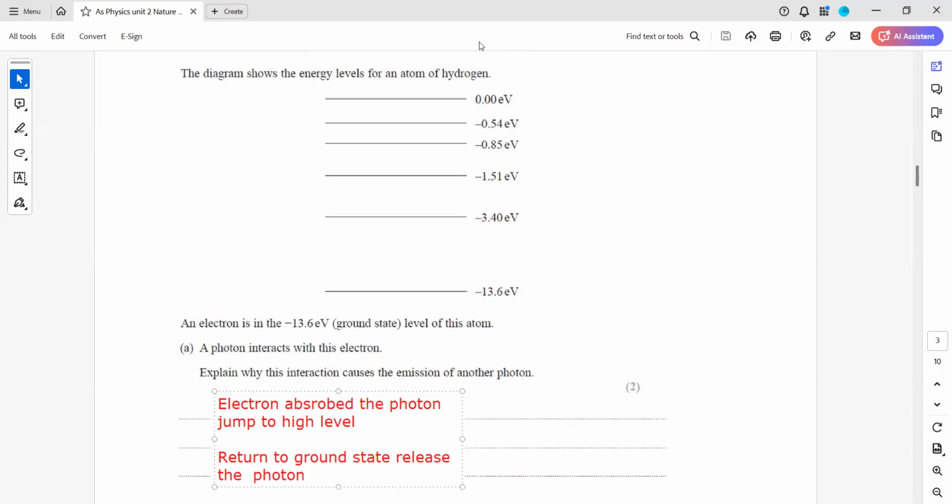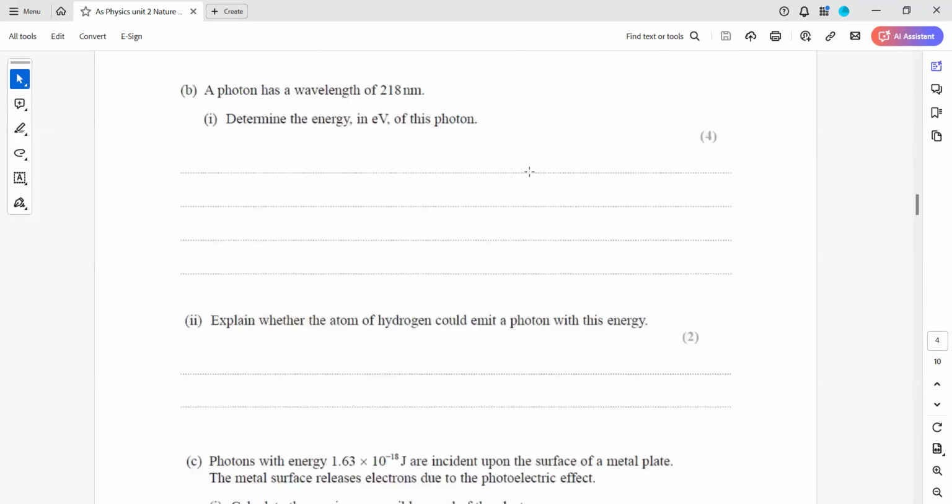But it's only 2 marks, so we don't have to write the values here.